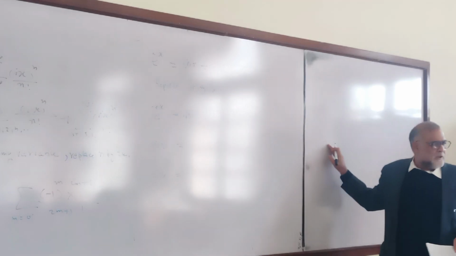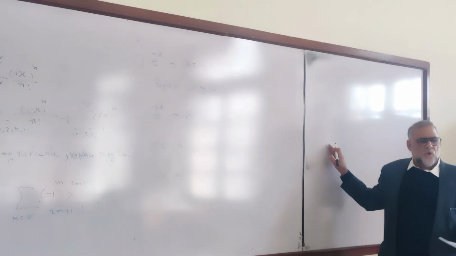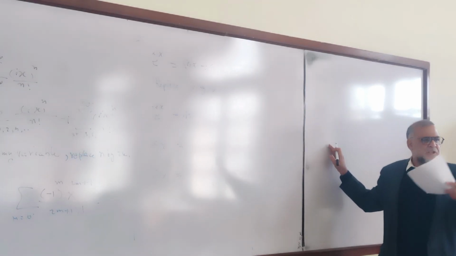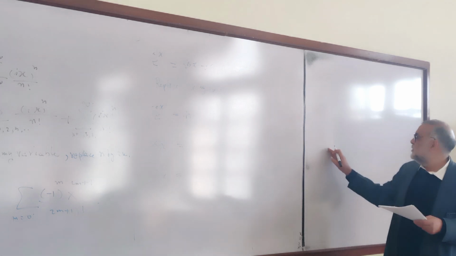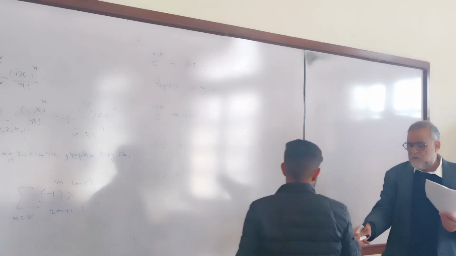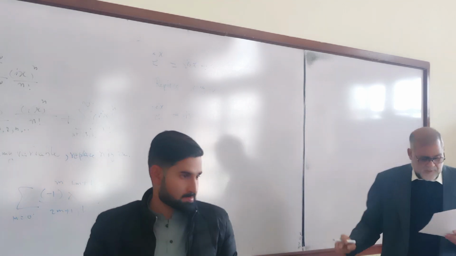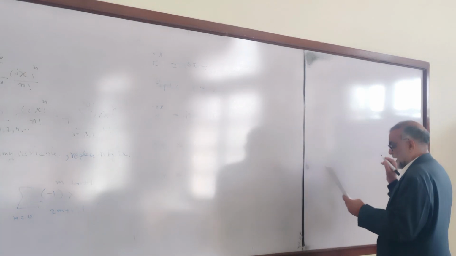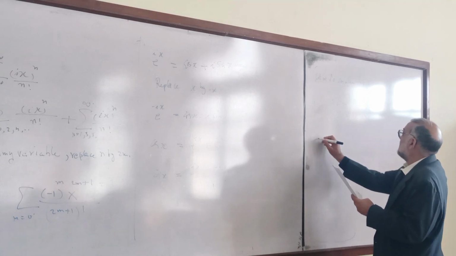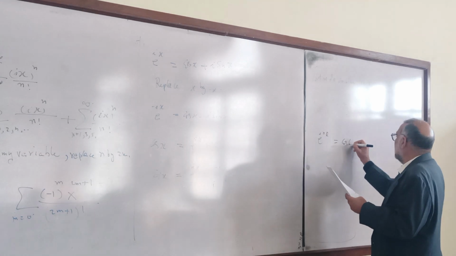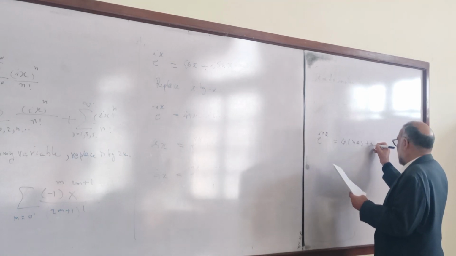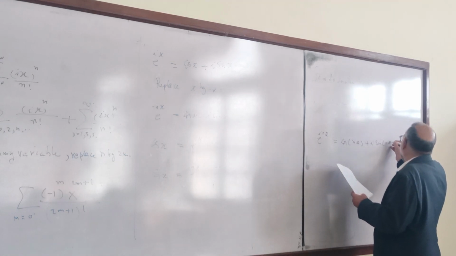Angle in radians starts from 1 degree, 2 degrees, 3 degrees, 1.5 degrees, 1.9 degrees, and so on. So let x be equal to n theta: e to the power i n theta equals cos of n theta plus i sin of n theta.